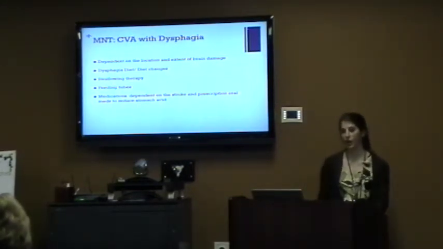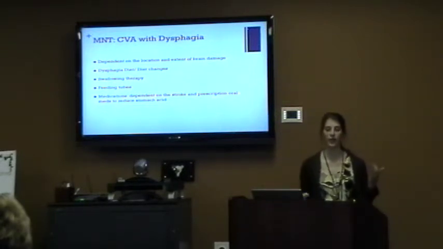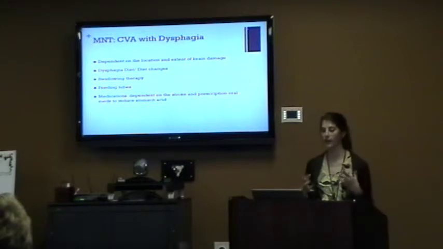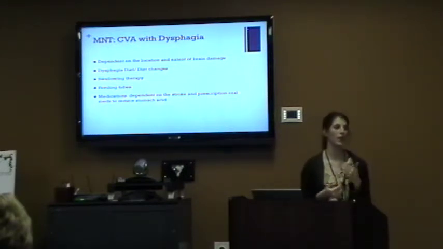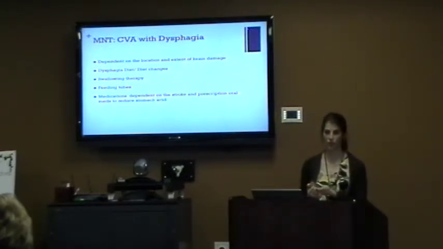MNT all depends on where the location and extent of brain damage occurs from the stroke. So like we talked about the right or left side, how severe it is, but for the most part dysphagia, most of us have heard of the different diets. So there's the stage 1, 2, and 3 where we have our pureed foods, our mechanical soft foods, there's also ground texture foods, and then we also have thickened liquids, so our nectar thickened liquids, honey thick, and pudding thick.